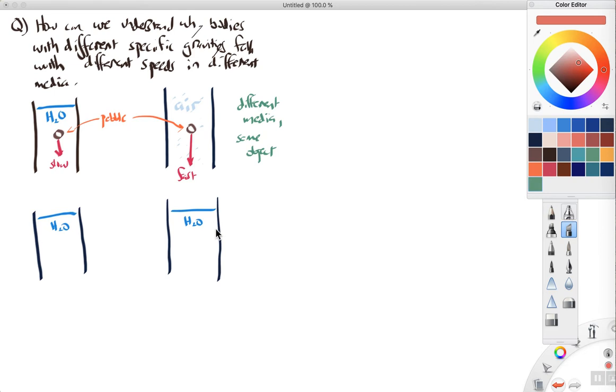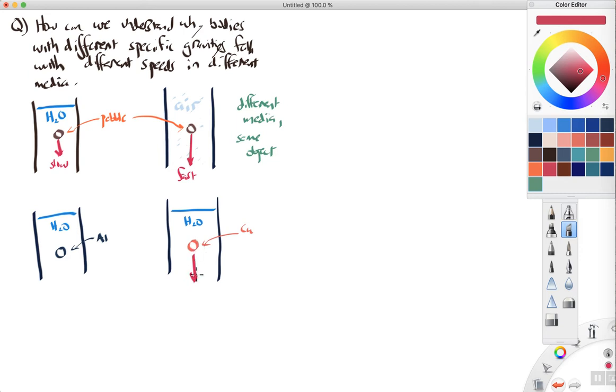So in one of them we drop a ball of copper, and in the other one we drop, what color should I make it? Let's do this. We drop a sphere of aluminum. Okay? You might not know this, but copper has a density or a specific gravity of about 9, and aluminum of 2.7, about 3.